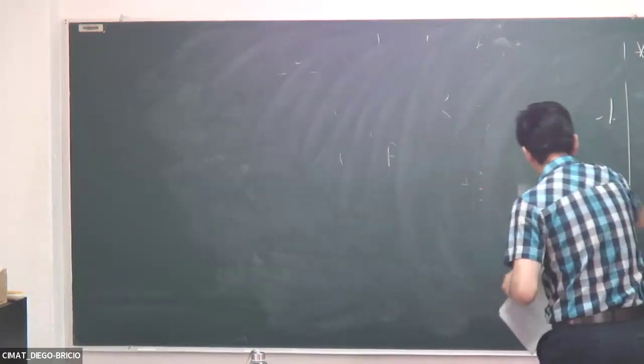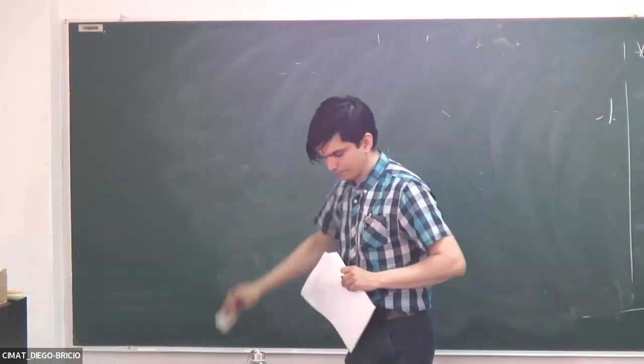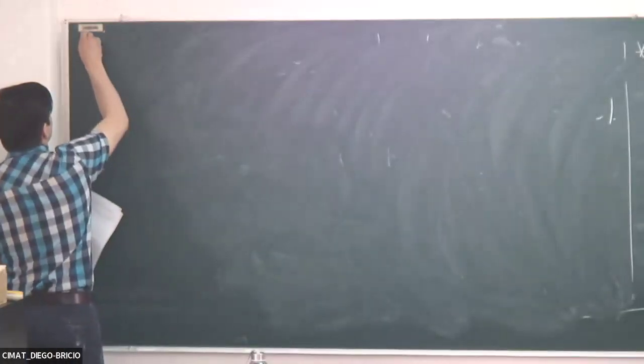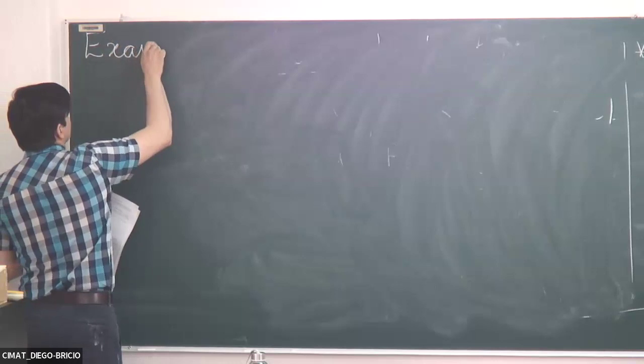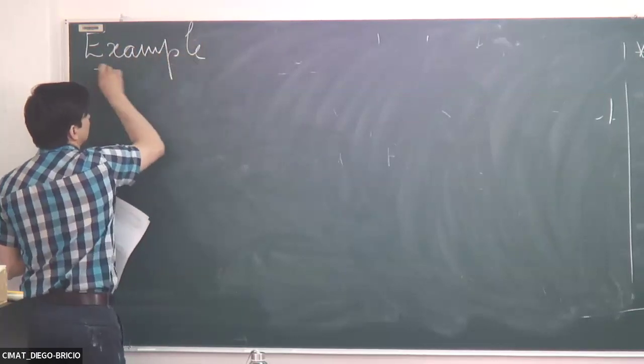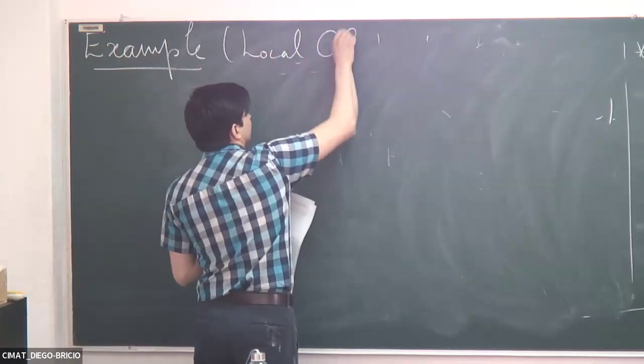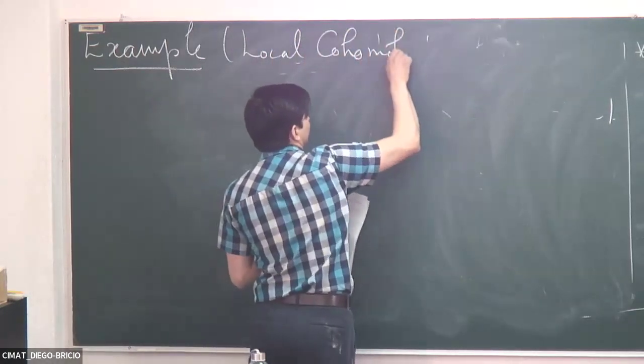So how do you get such a thing? So let's do it here. Example, local cohomology over regular rings.